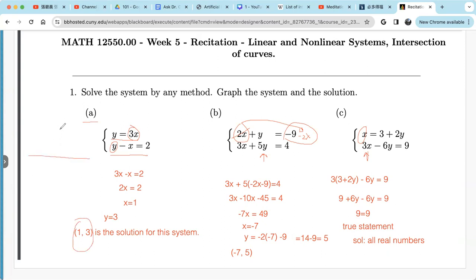We need 2 points to graph a line, right? If x is 0 for the first one, y is 0. So we have the origin on the graph of y equals 3x. Now if x equals 1, y equals 3. We will have this point. Then connect those 2 points.